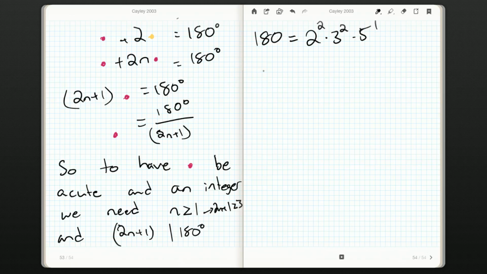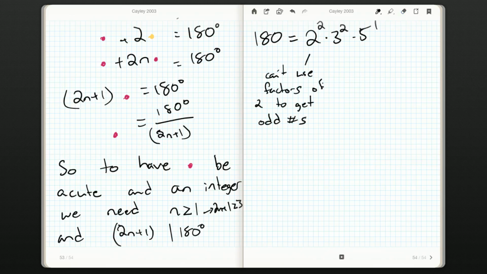If I'm going to get an odd number as a factor, because 2n plus 1 is an odd number, I can't ever use a factor of 2 here. As soon as I have a multiple of 2, it's even, not odd, no matter how many other 3s or 5s we add in. So we can't use factors of 2 to get odd numbers.